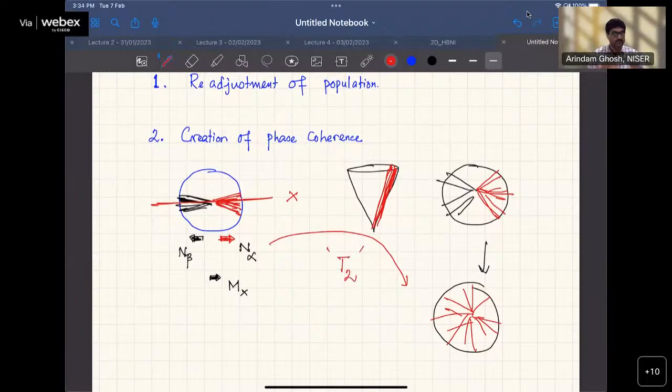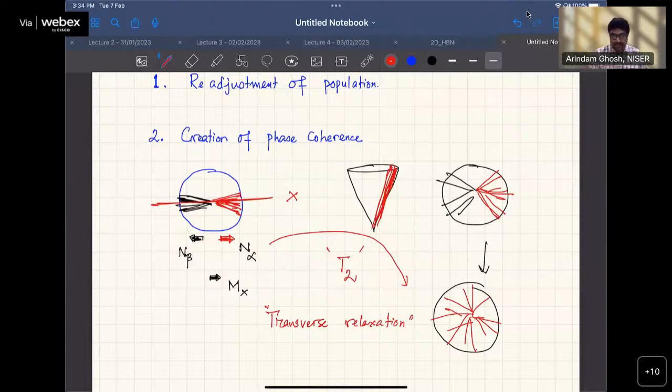It's an exponential process. I'll give you a little bit of the math, but this is called T2, and also transverse relaxation, because this transverse component that comes from the phase coherence is getting destroyed. So this phase coherence becomes decoherent.